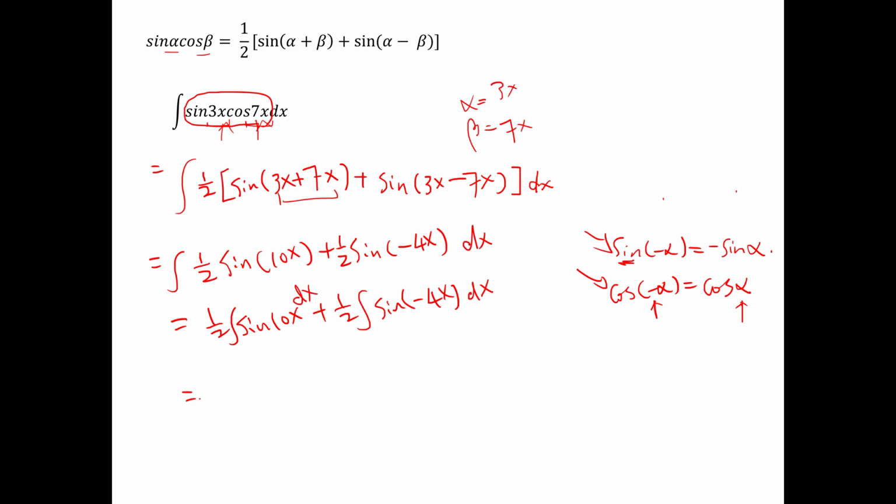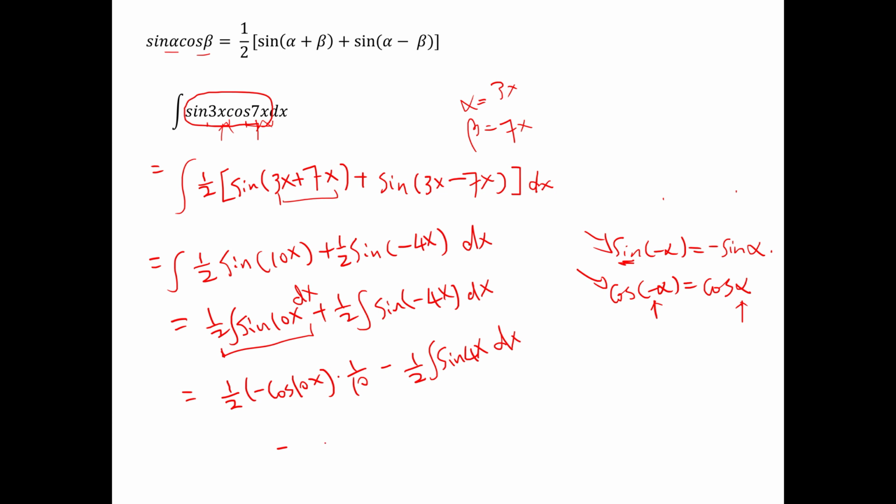So I rewrite it into sine. I can compute here, which is negative cosine 10x by 1/10. And then this part, put the negative sign out, minus 1/2. Okay, I take one more step to make it clear. It is here, right?